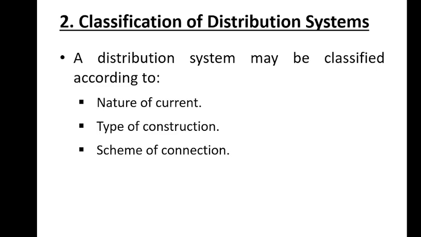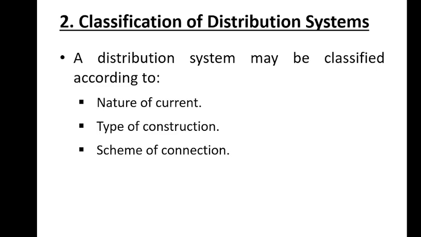All right. Distribution systems can be classified based on several criteria. First, they may be categorized according to the nature of the current, such as AC or DC systems. Second, classification can be based on the type of construction, which refers to whether the system uses overhead lines, underground cables, or a combination of both.